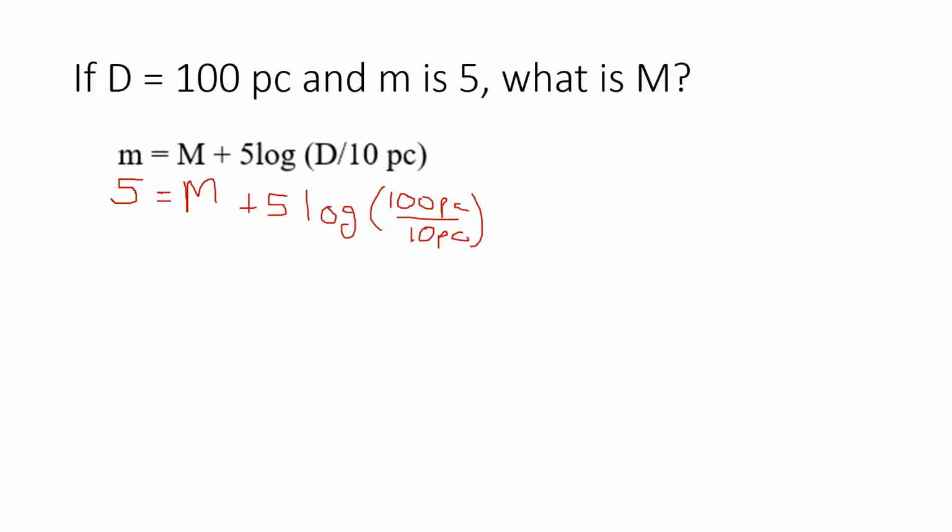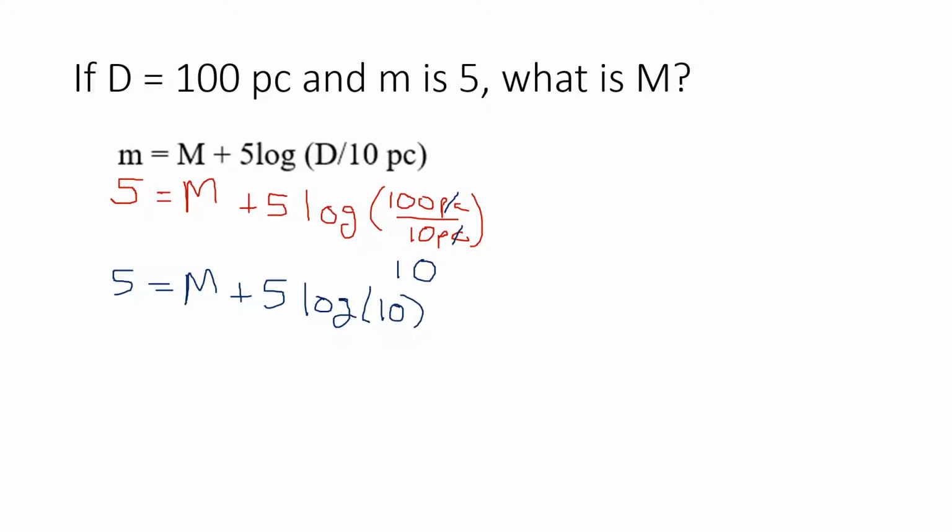So what we need to do is to divide 100 parsecs by 10 parsecs. The parsecs are going to cancel, and 100 divided by 10 is 10. So we're going to have the number 5 equals the absolute magnitude plus the number 5 times the log of 10.